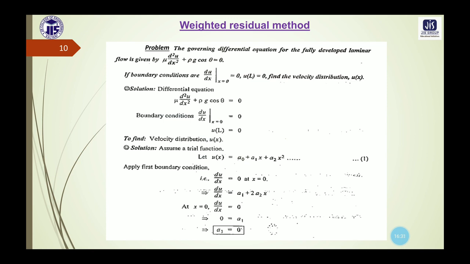So this is the problem given here. Using the weighted residual method, we need to find the velocity distribution for this fully developed laminar flow.